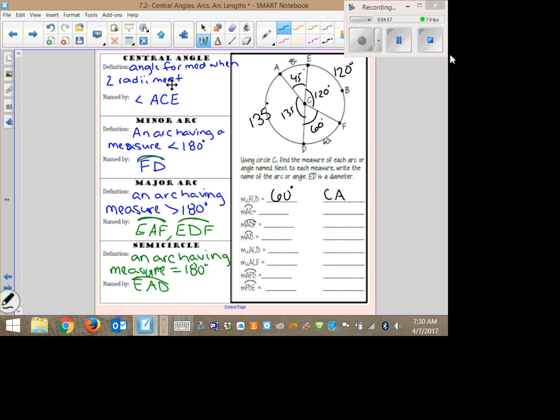Working our way down, the measure of arc AE is 45 degrees, and that's a minor arc, because again, it's only marked with 2 letters. Then the measure of arc ADF: we add our 135 and our 60 to get 195, so that's a major arc.